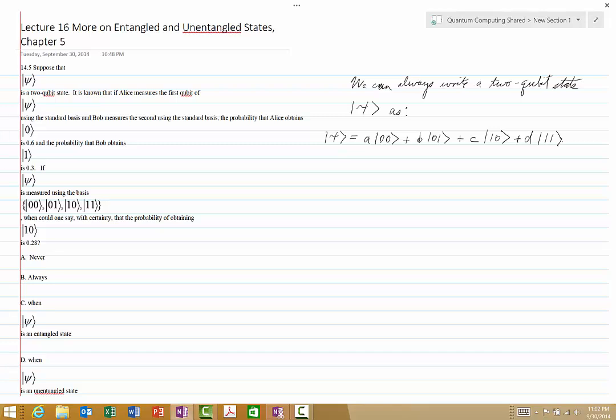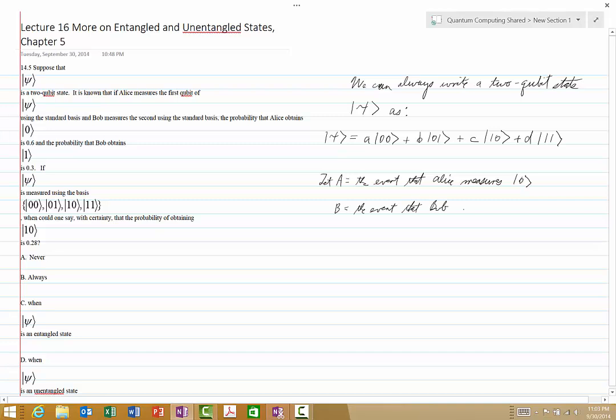And if we define two events, if we say let A equal the event that Alice measures 0, and B is the event that Bob measures 1.